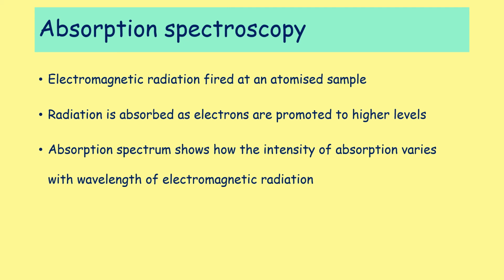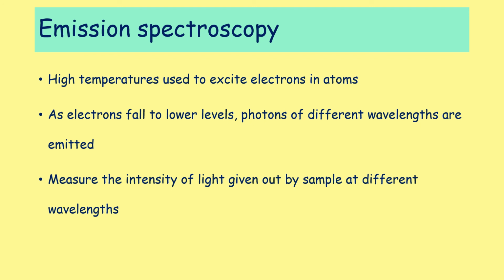The radiation is absorbed by the atoms and it causes electrons to be promoted to higher energy levels. Any light that is not absorbed just passes through the sample. And the absorption spectrum shows how the intensity of absorption varies with wavelength of the electromagnetic radiation.